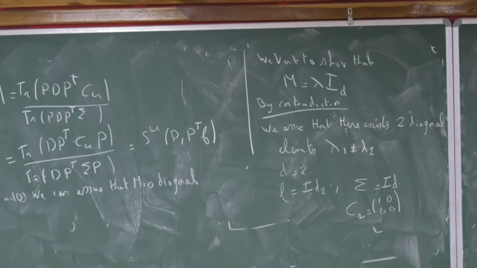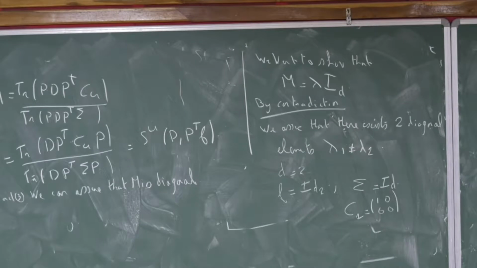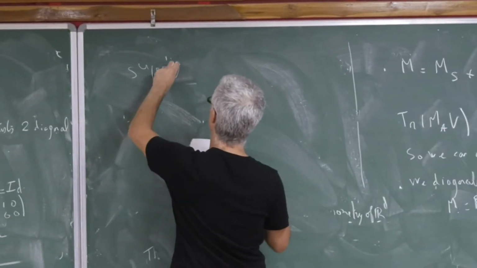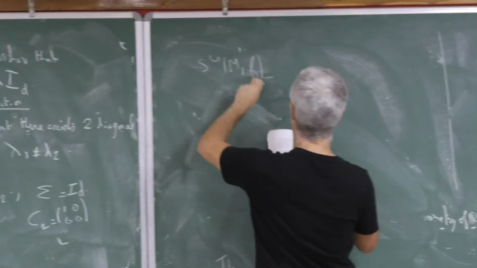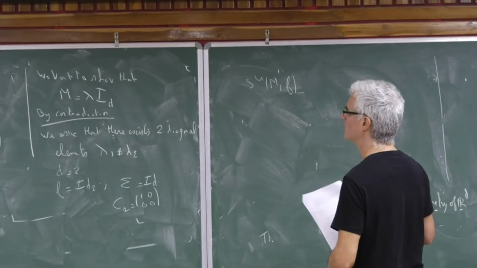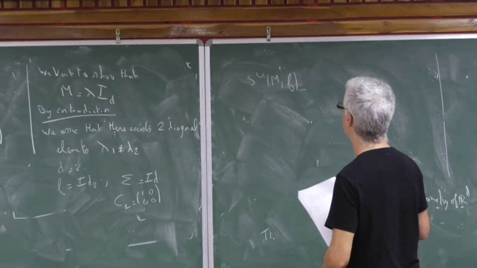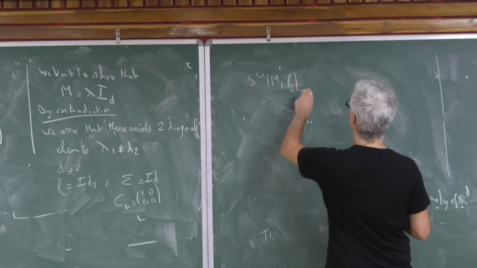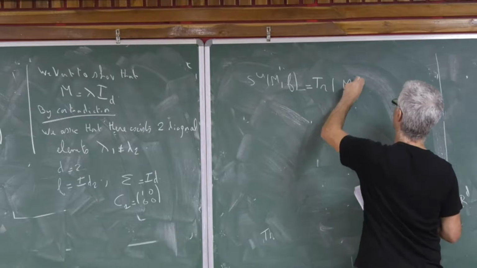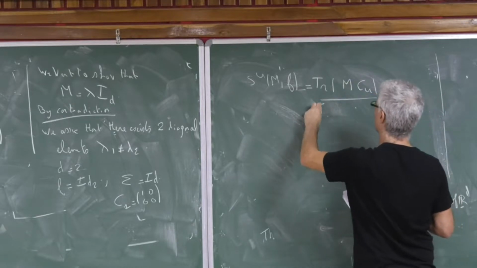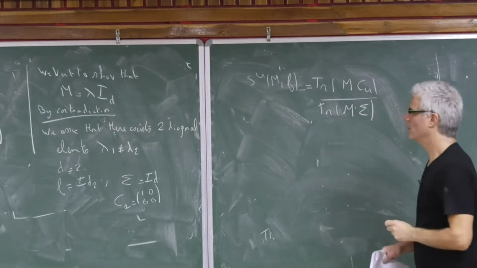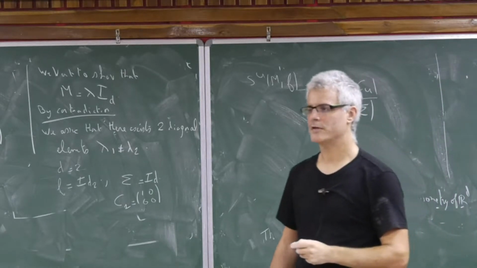Now if you compute the sensitivity index, what would that be? It would be the trace of M C1 divided by the trace of M sigma.